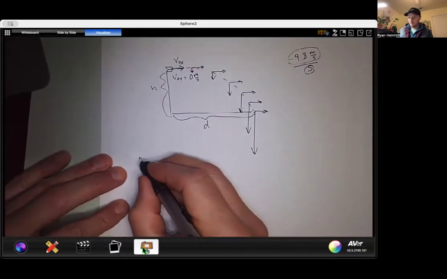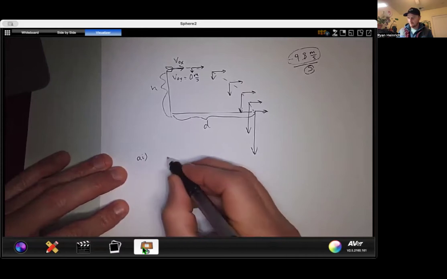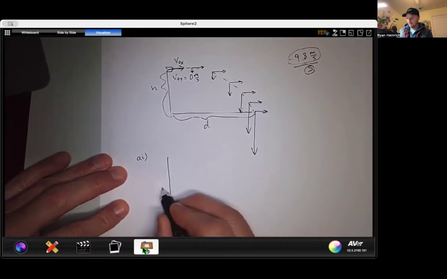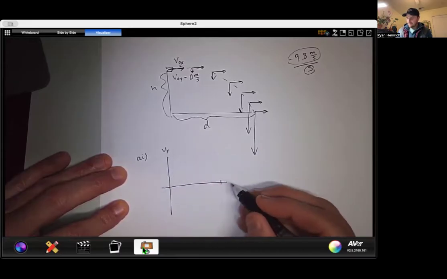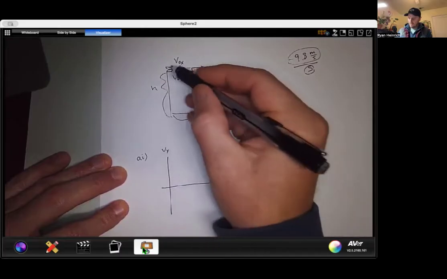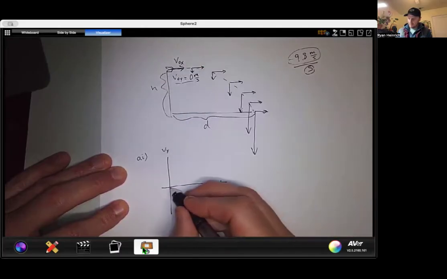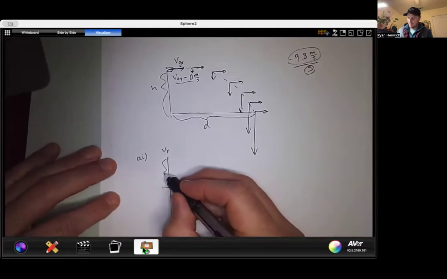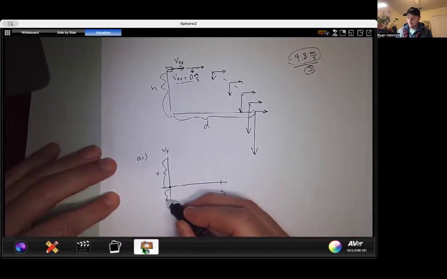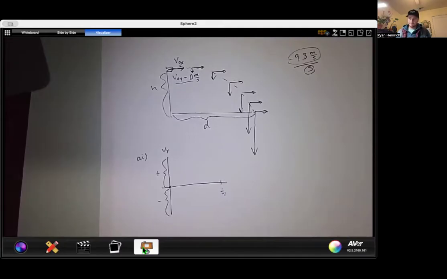So getting to the question A1, how does that play out on this graph? Well, if this is Vy, and this is some time called T1, at the very beginning, there is no y velocity, therefore we should say we're at the origin. By the way, these are the positive values and these are the negative values of velocity.